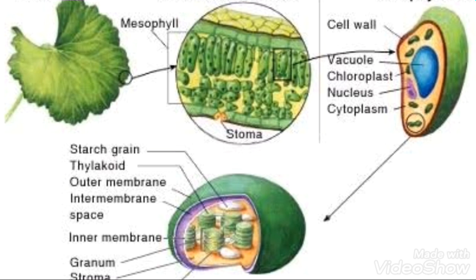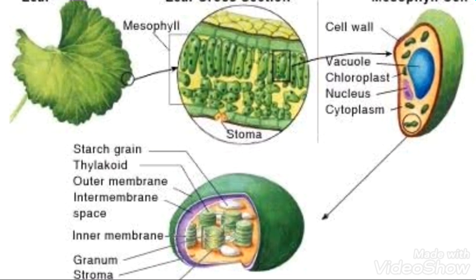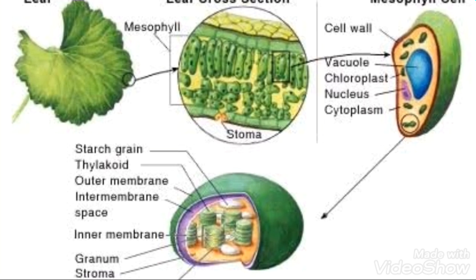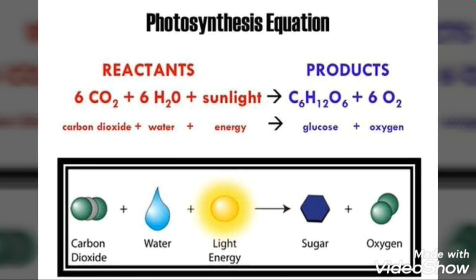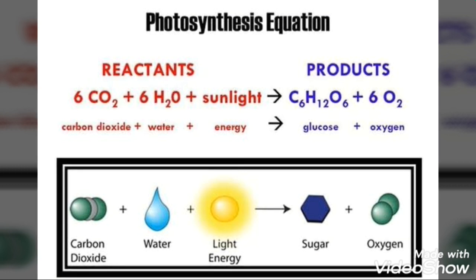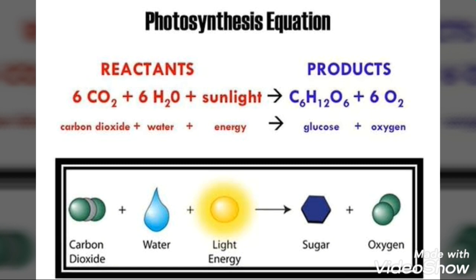Then the equation of the reaction: photosynthesis, carbon dioxide CO2 plus water H2O gives glucose, that is C6H12O6, plus oxygen O2. The major steps of photosynthesis are: first is absorption of light by chlorophyll.